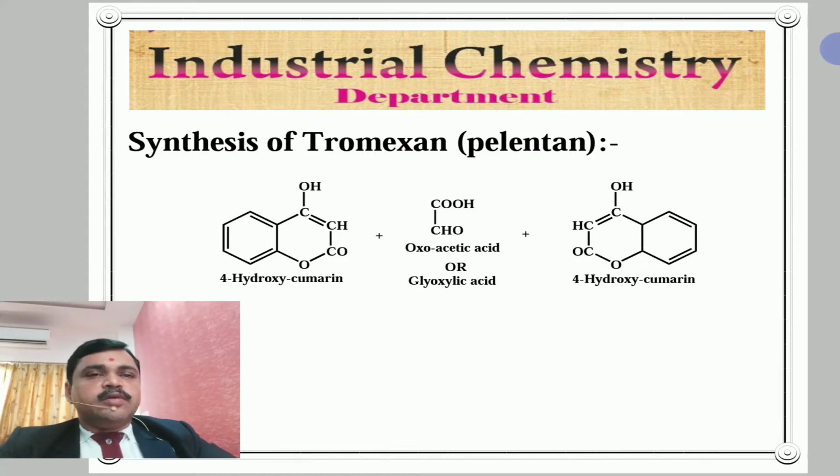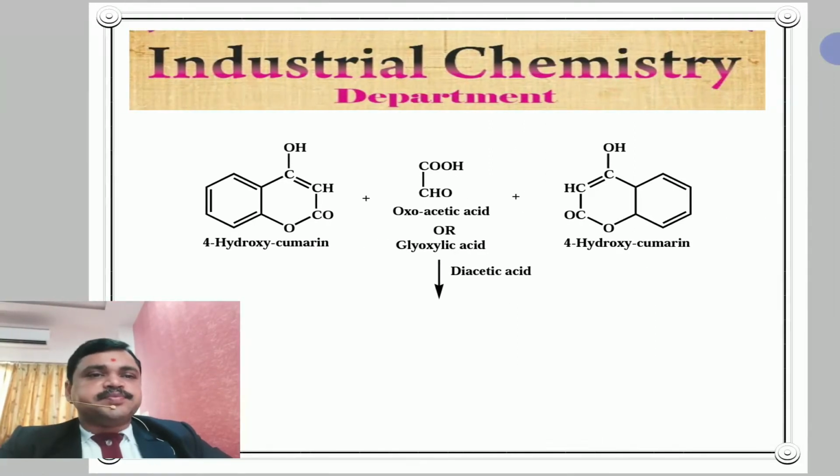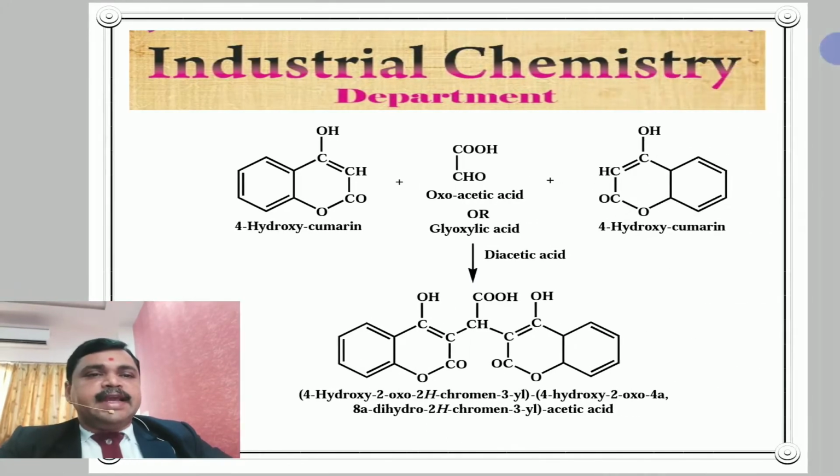So, for tromexan, 2 moles of 4-hydroxycoumarin and glyoxylic acid are treated in the presence of diacetic acid.